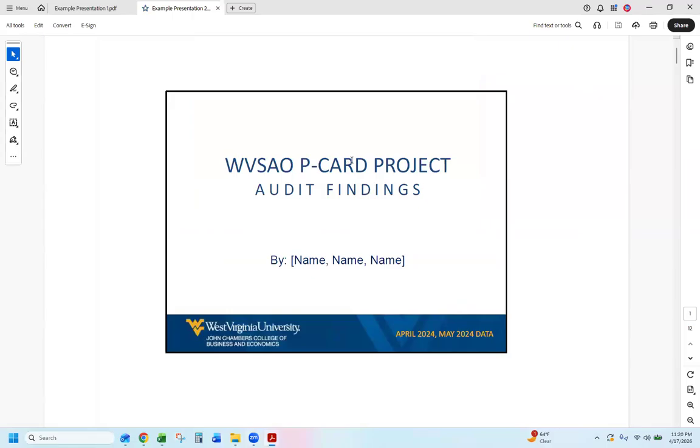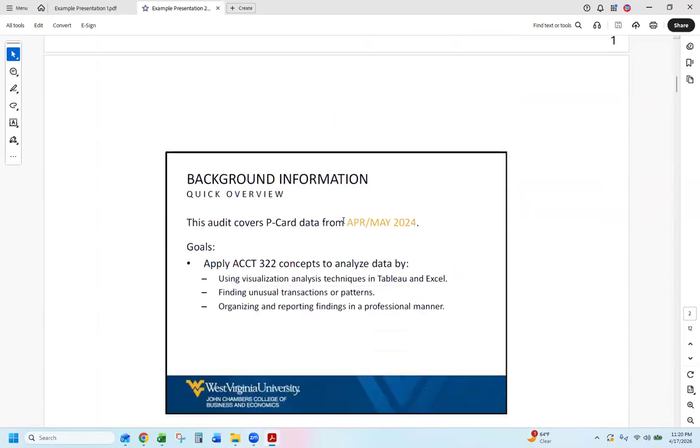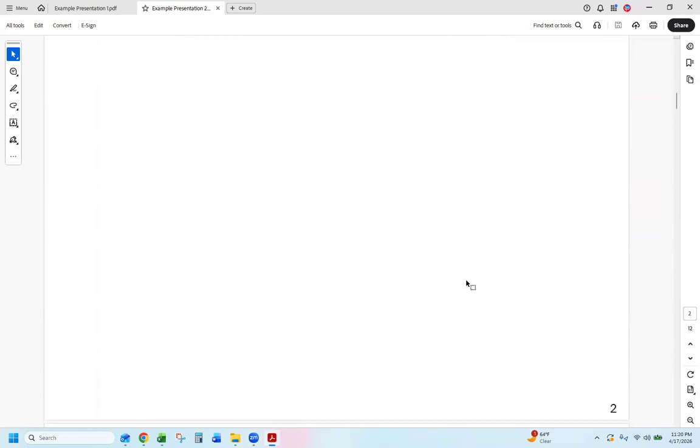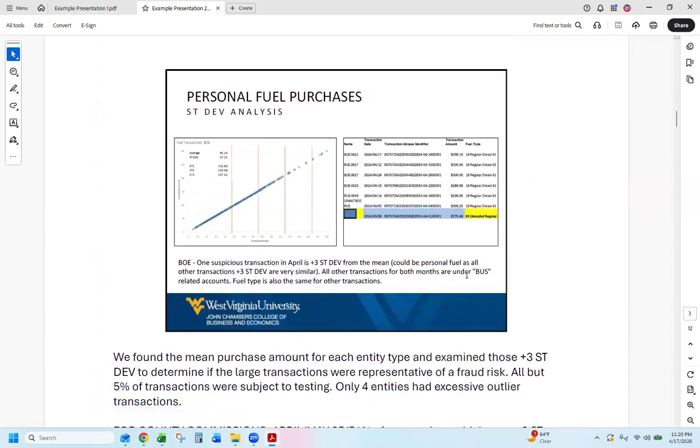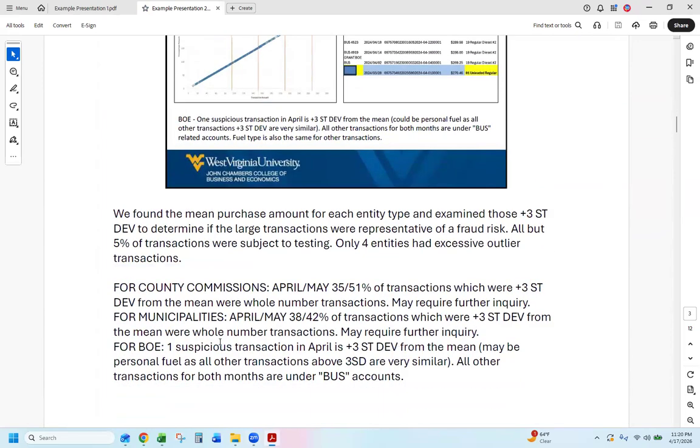Let's jump over. Here's another one, also from 2024, and let's flip through it. Once again, they're going to have an introduction, what they did, why they did it. Notice this one also has pretty thorough, almost paragraph form text to read off.